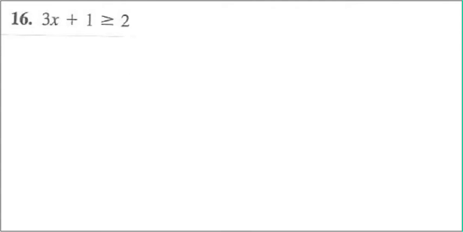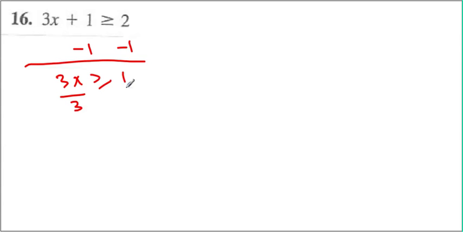Here, what we can do is subtract 1, then 3x must be greater than or equal to 1. Dividing it by 3, hence x has to be greater than or equal to 1/3.